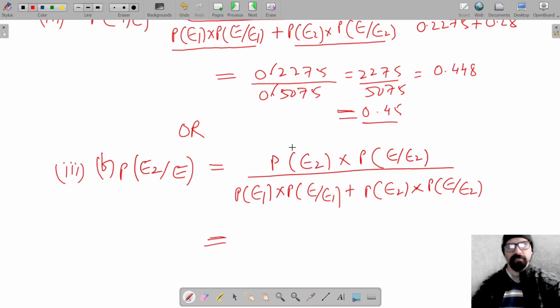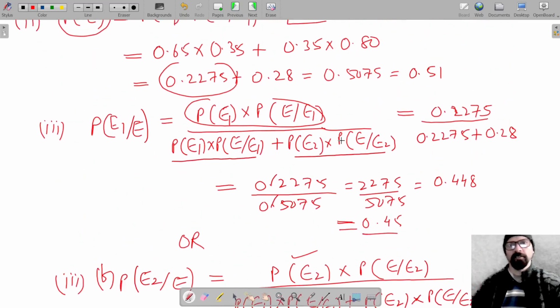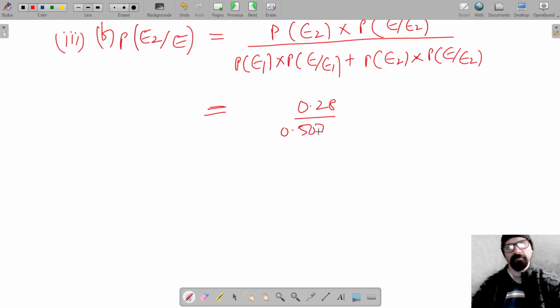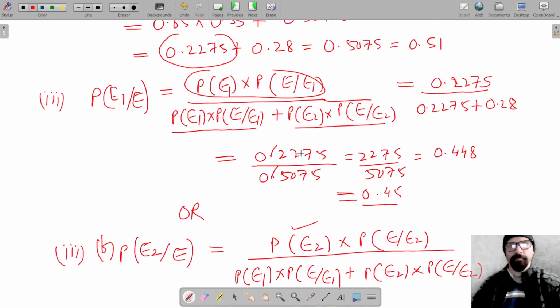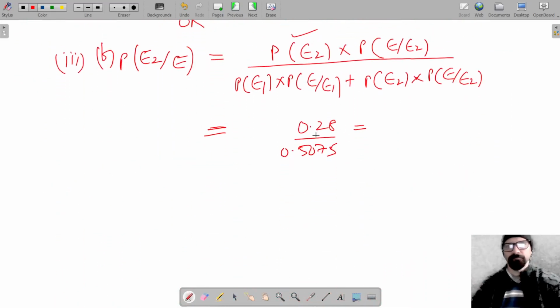Okay, let's write this down. Probability of E2 into probability of E by E2 is 0.28, and we have already added this; it is 0.5075. So let's simplify this.